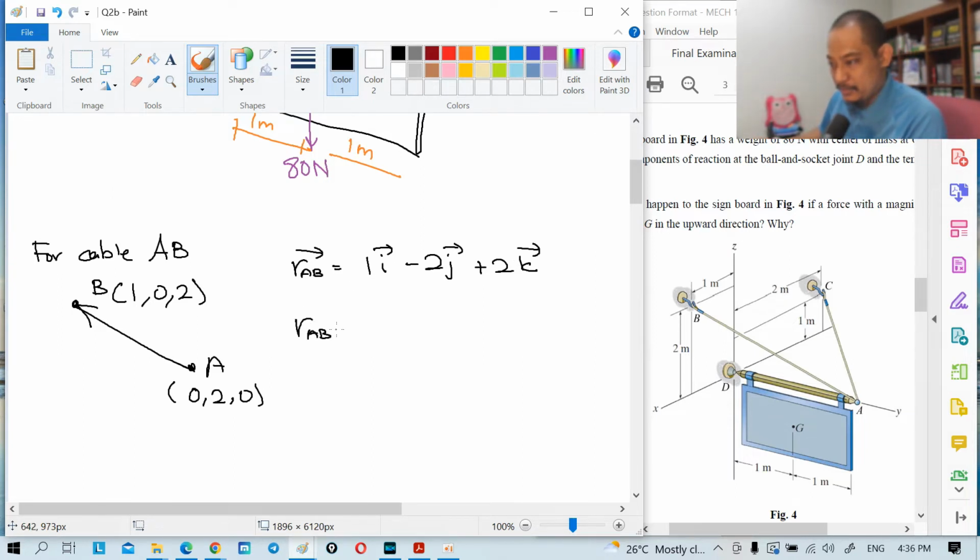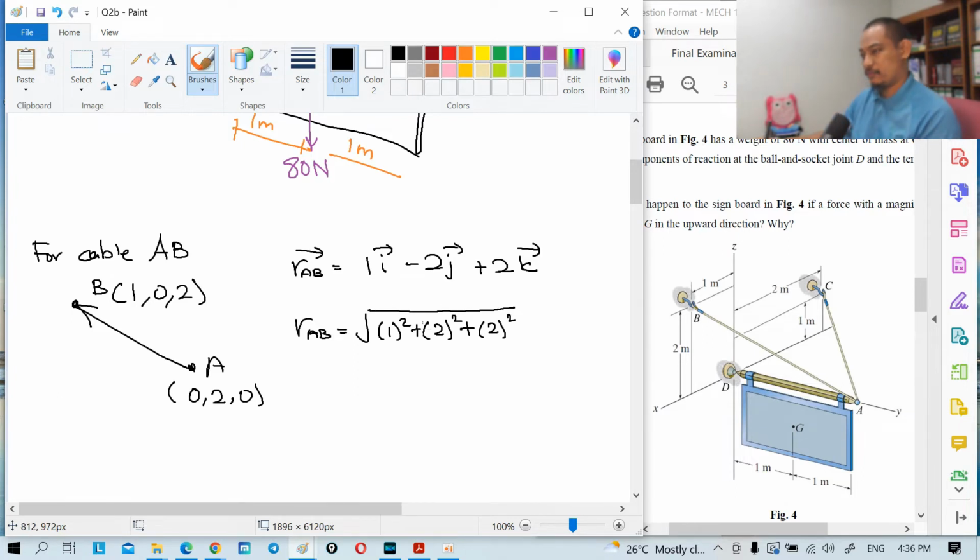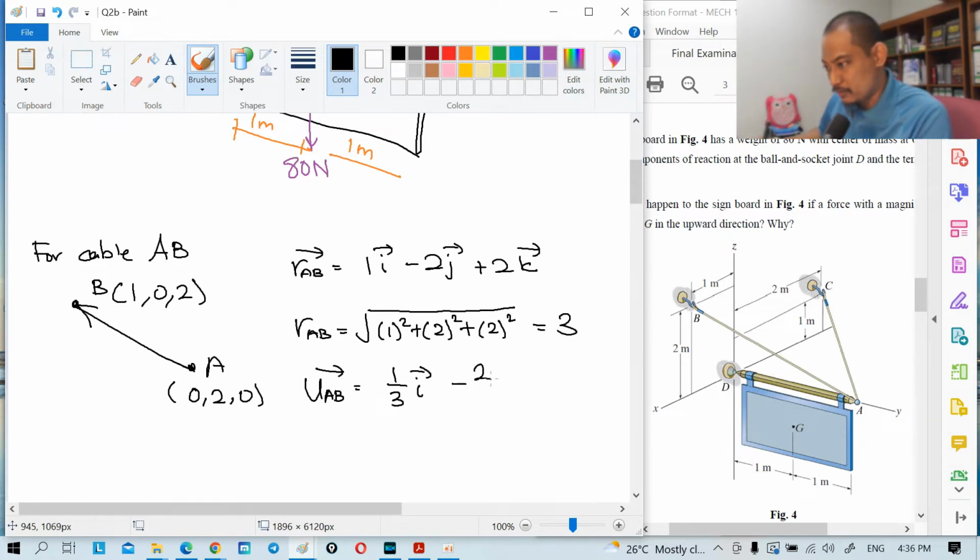R AB, the magnitude is the square root of 1 squared plus 2 squared plus 2 squared, which is the square root of 9, equal to 3, right? So unit vector AB is 1 over 3 i minus 2 over 3 j plus 2 over 3 k.